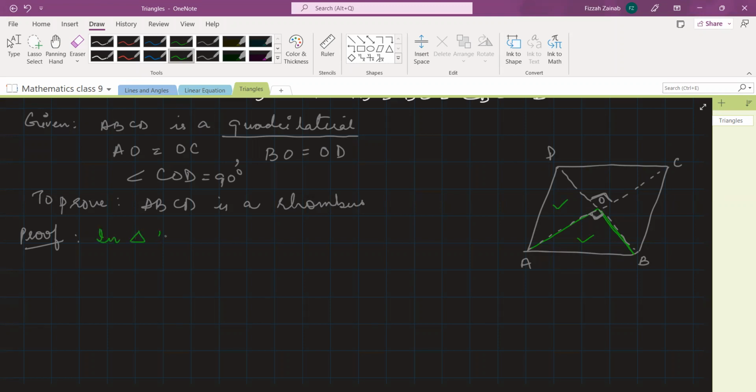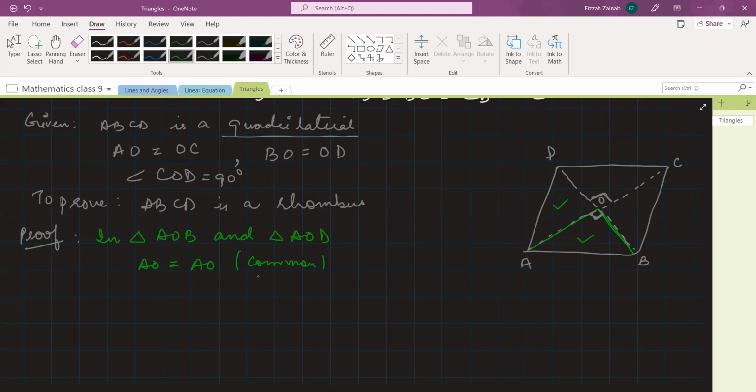So in triangle AOB and triangle AOD, I'm trying to show that they are congruent, right? So first of all, I can see AO is a common side. AO is equal to AO, that is common, right?